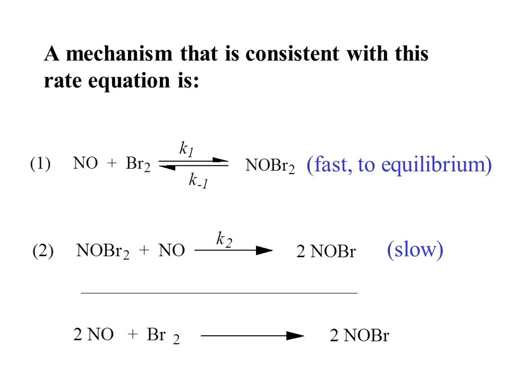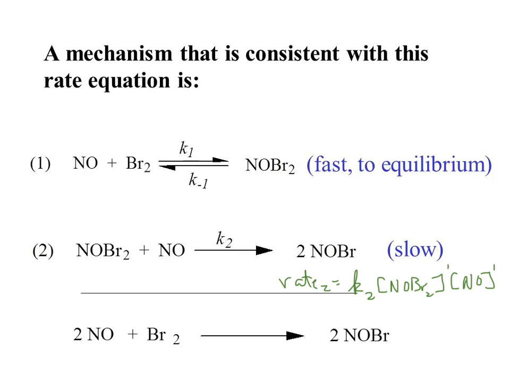Let's just knock out the second elementary step. Let's go ahead and write the rate law expression for that. Okay, so rate 2, since it's slow, would be equal to k2 times the molar concentration of NOBr2 raised to the first power times the molar concentration of NO raised to the first power.